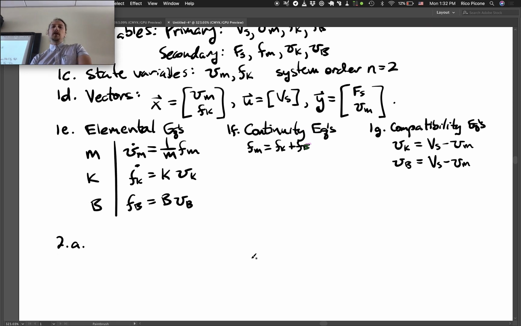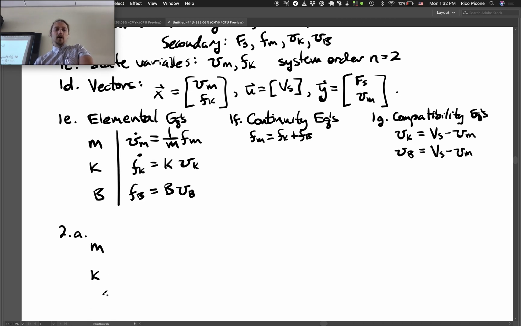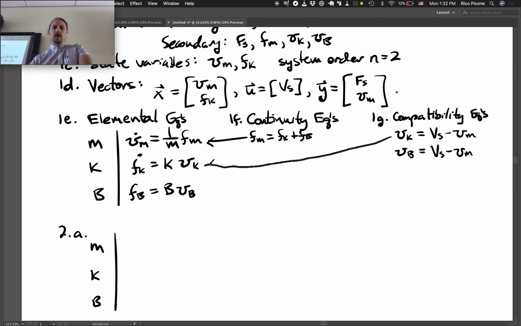So we rewrite our M, K, and B elemental equations with a substitution in each of them. We take Fm from the continuity equation, and Vk and Vb from the compatibility equations.